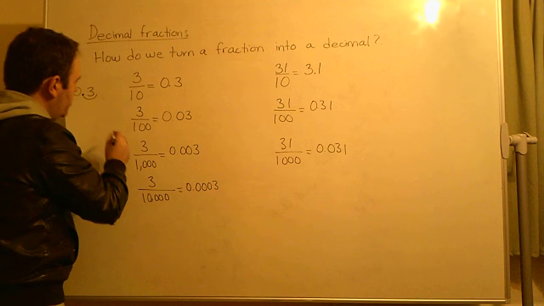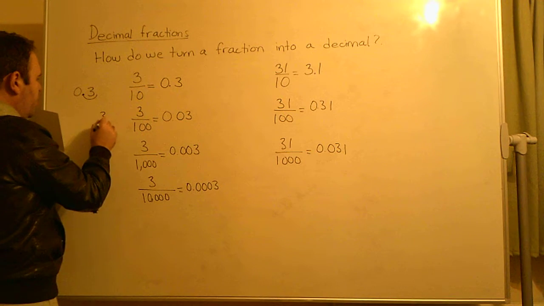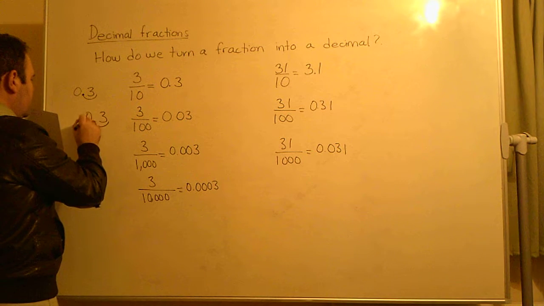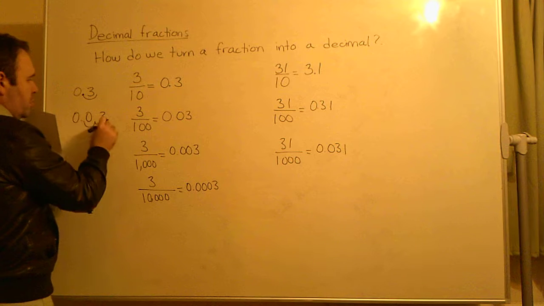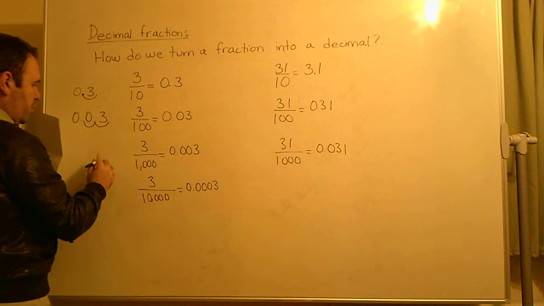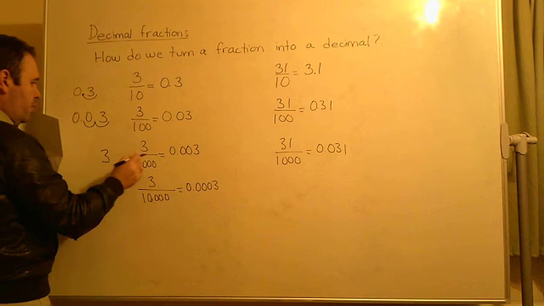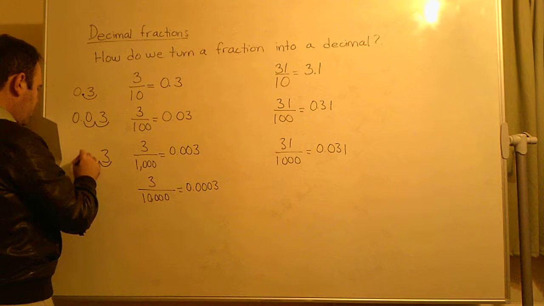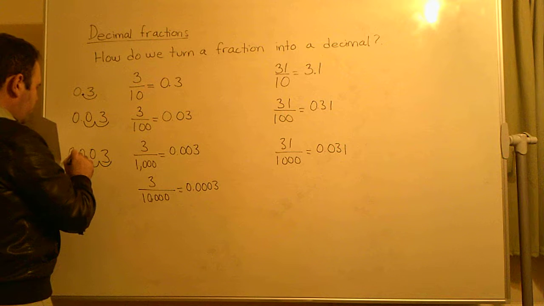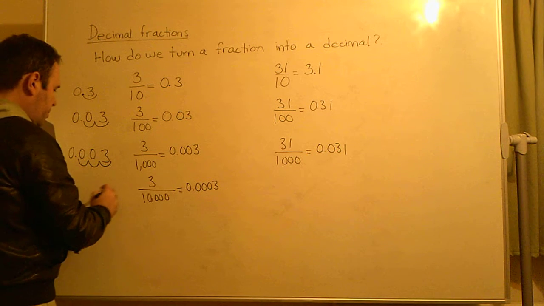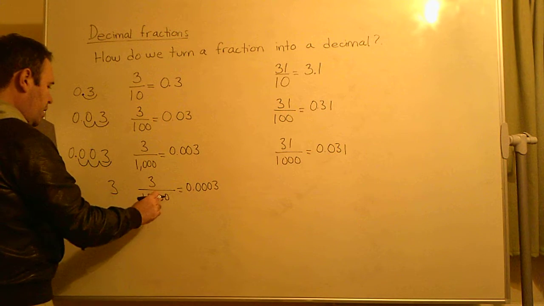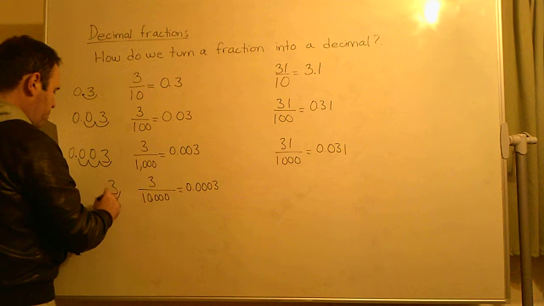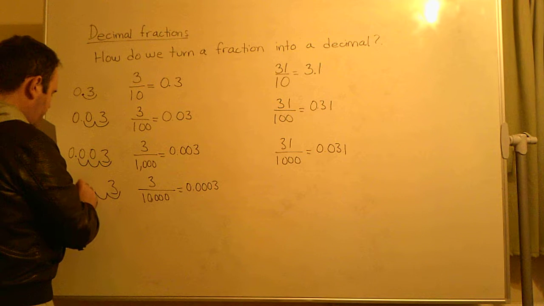So we take 3 and then we take the decimal point 1 and 2. With this one we write down 3 and then we need to take 3 places. Yeah, 1, 2, 3. With this one 3 and we take 4 places. We need to take 4 places because we have 4 zeros. Yeah, 1, 2, 3, 4.